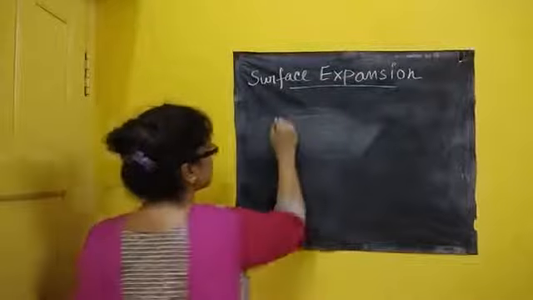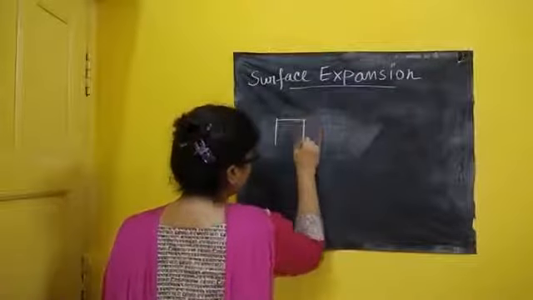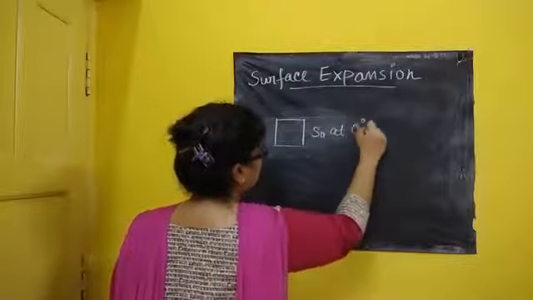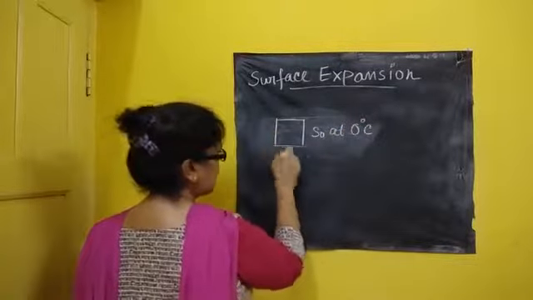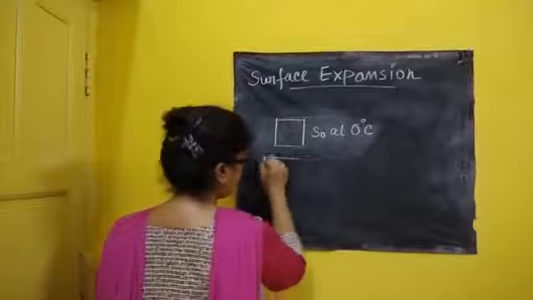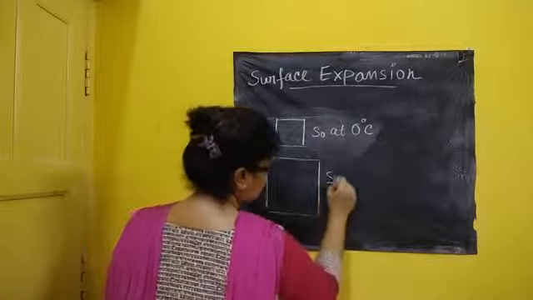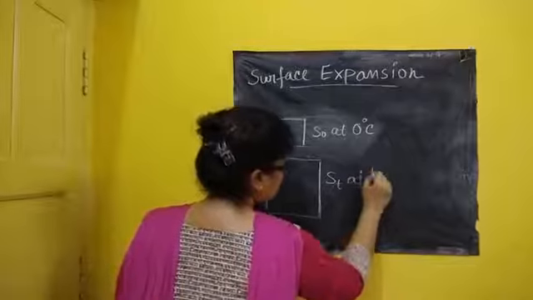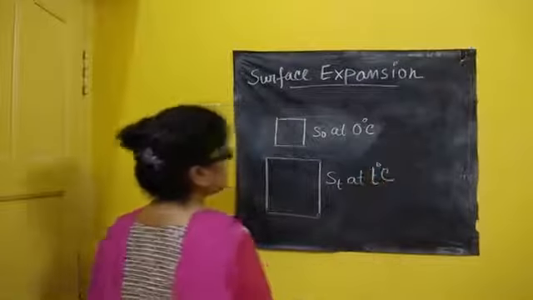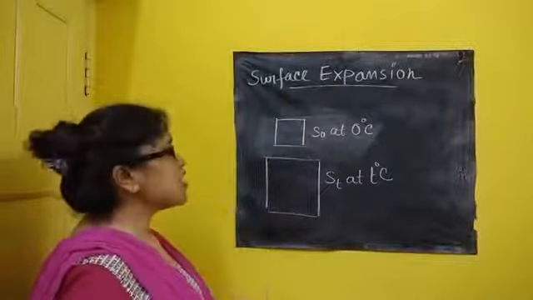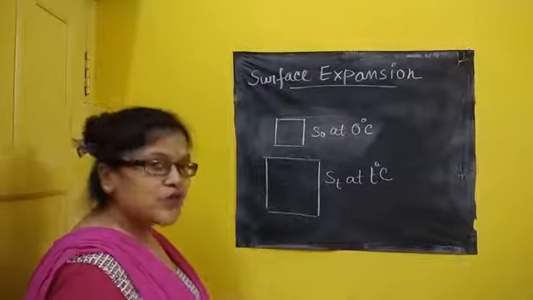So suppose this is my surface area S0 at 0 degrees Celsius. When I supply heat to the substance, the surface has increased. So this is my surface St at T degrees Celsius. When heat is supplied to the substance, its length changes as well as its surface area.